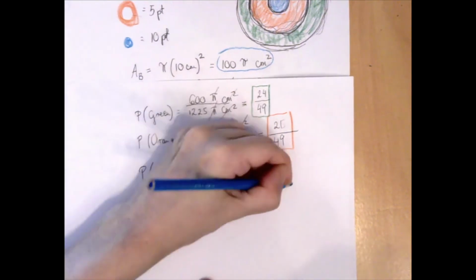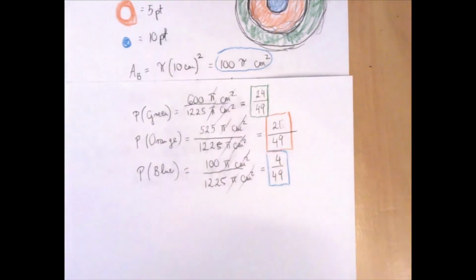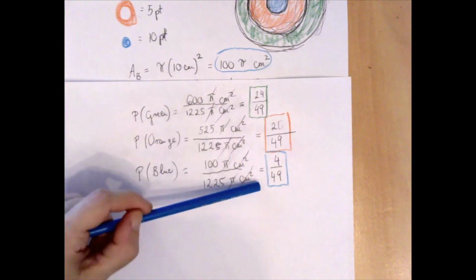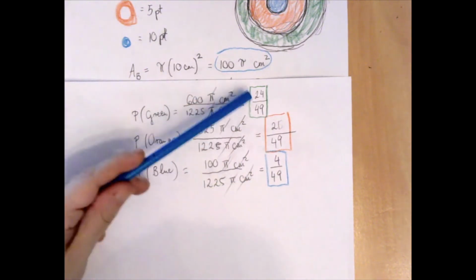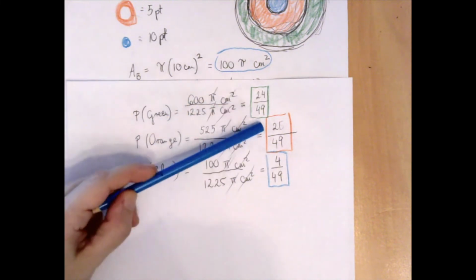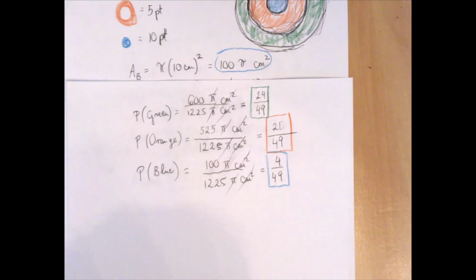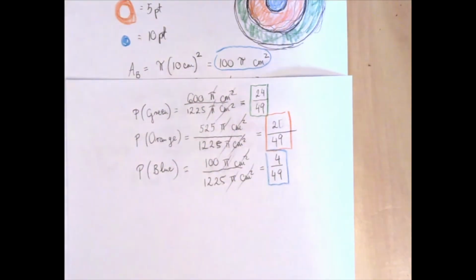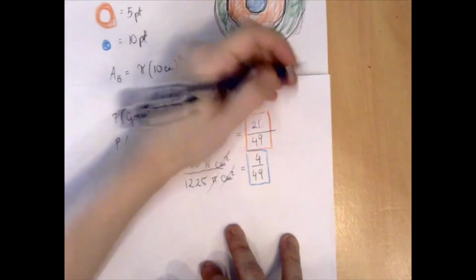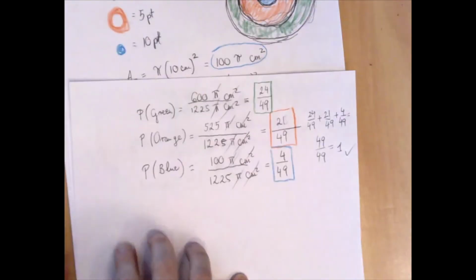Assuming that the dart always hits the board, every outcome is listed here, so these probabilities should add up to 1. Do they? 24 plus 21 is 45, plus 4 is 49. So these three fractions add up to 49/49. That's good news.